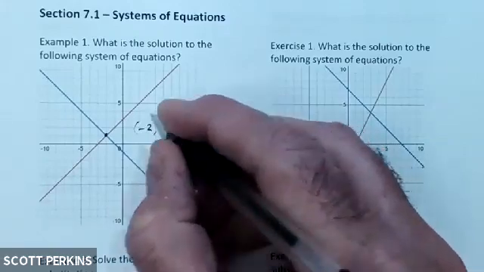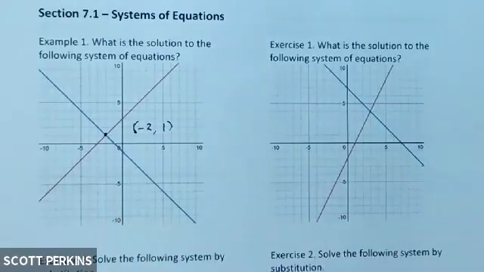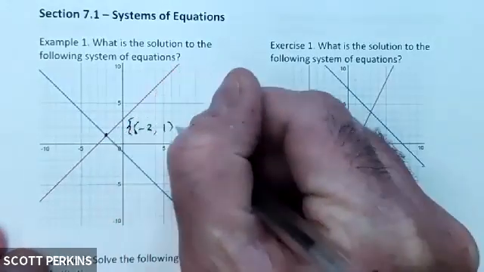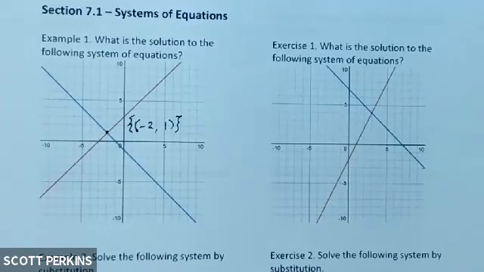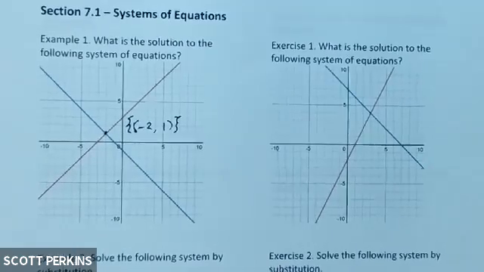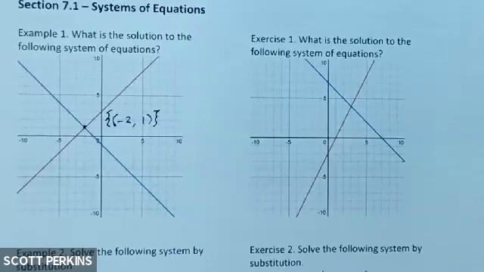I'm going to put it in parentheses, but just so that we don't get confused with our interval notation, because that looks like the interval from -2 to 1, I'm going to put it in some squigglies so that we know that that is a solution set. So solving a system is finding where the lines, or whatever the figures are, intersect.